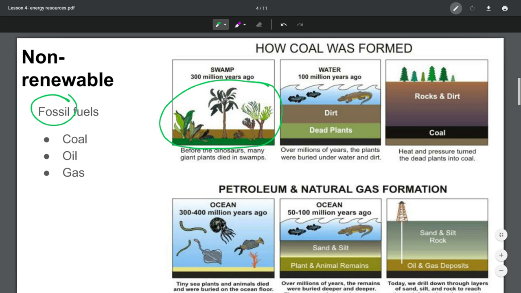They actually got stuck in the swamp, and then over time layers of other things, soil and dirt, have built up over the top of them, and you can see the layer of dead plants has moved down here. Then over hundreds of millions of years, this has all turned to rock. You've got a big layer of rock, and at the bottom you've got your now fossilized trees.